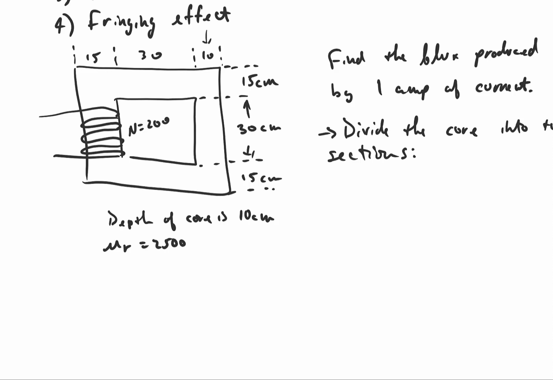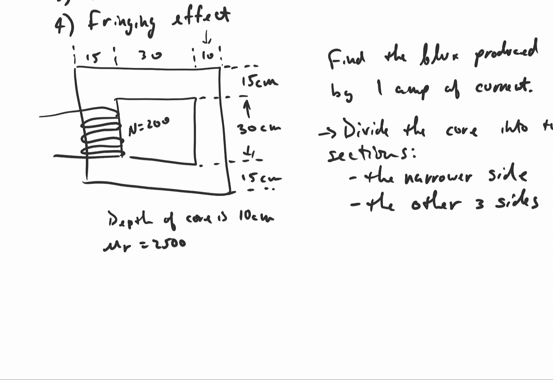Notice this one is 10, where the leg is 15 everywhere else. So we have the narrower side, and then the other section will be the other 3 sides. And now we can compute the reluctances of those 2 sections.